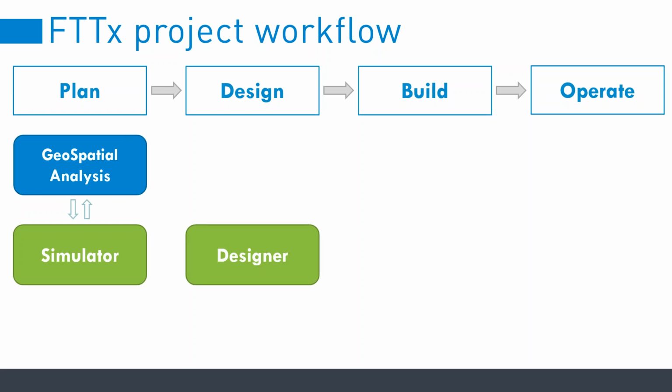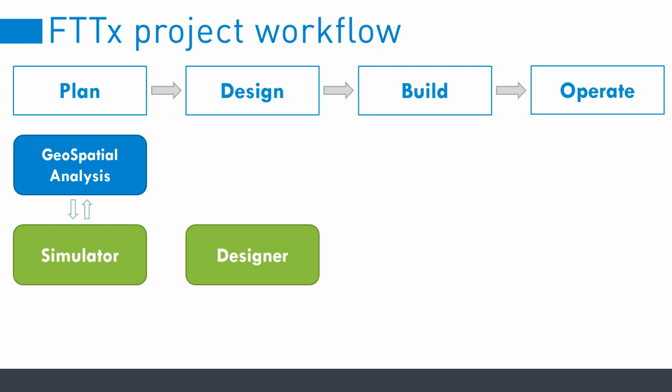Then the second stage, the design stage. Once you have decided where you want to roll out your network, which type of network you want to roll out, so you have selected a city or a rural area, for example, then you go into the design stage and need to come up with a high level and low level design. So you need to know exactly where to place your cabinets, how to route your cables, which type of cables you need.